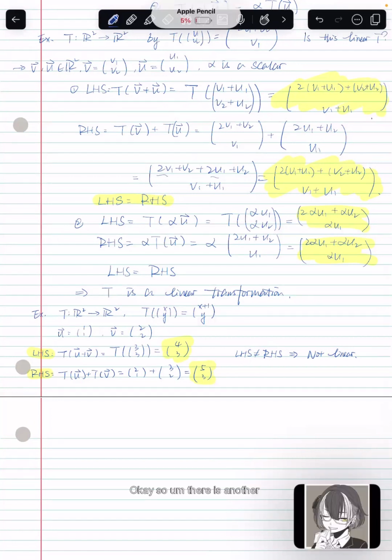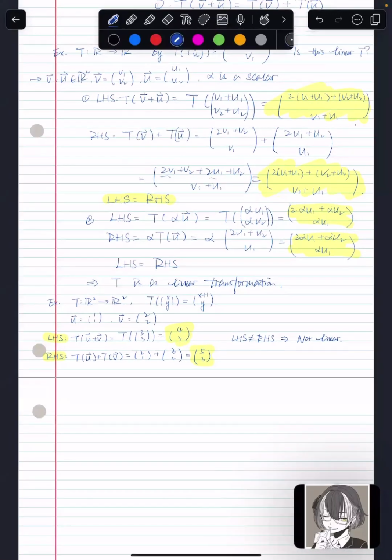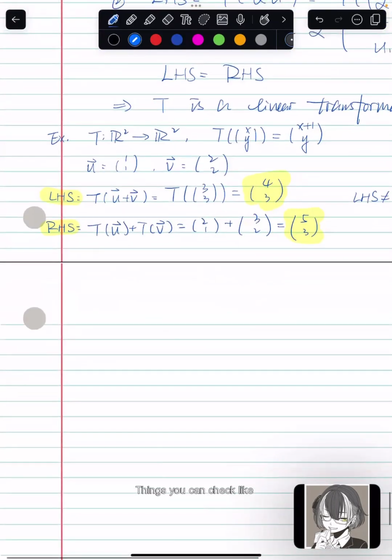Okay, so there is another thing you can check.